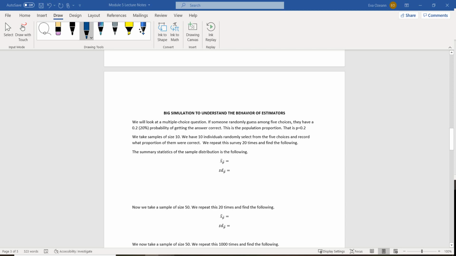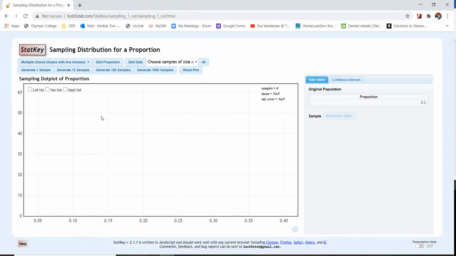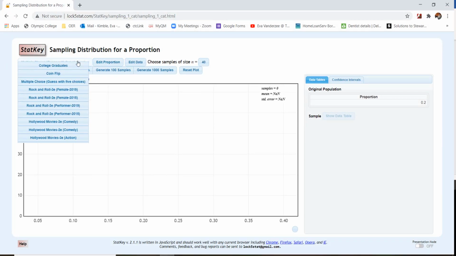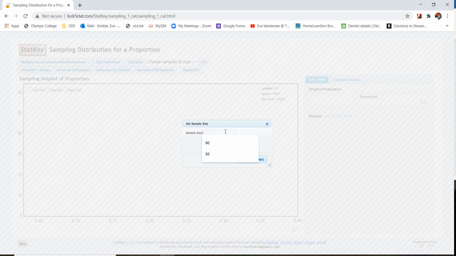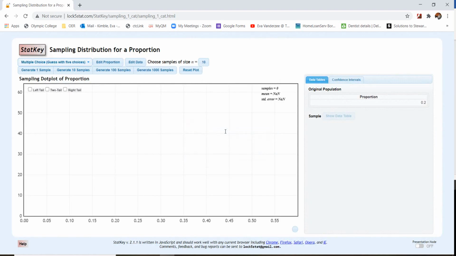So I'm going to go ahead and pull up the simulation, which is here. I have multiple choice with 5 choices. Our sample size is going to be size 10, so we're asking 10 individuals to do this. And I'm going to generate 20 samples. So here, if I generate a single one, it has the same proportion as the actual population, which is great.